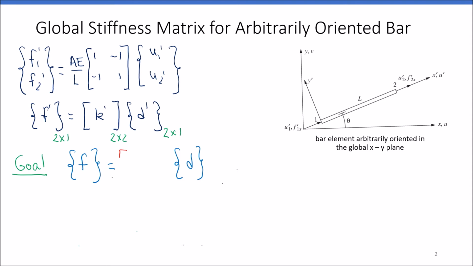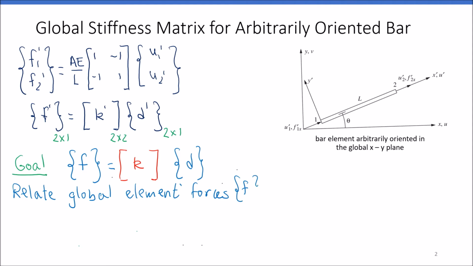So we want to evaluate this stiffness matrix with respect to the global axis that relates F to D. So we want to be able to relate global element forces F to global element nodal displacements D.